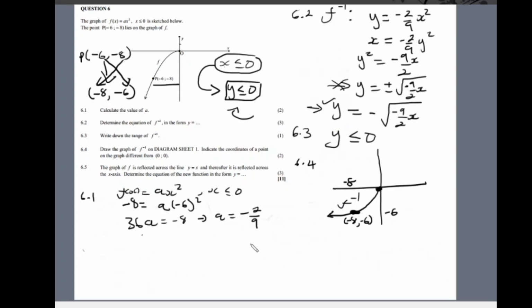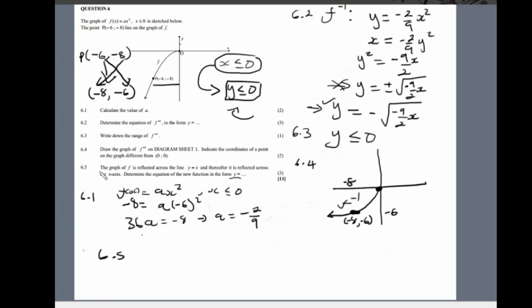Okay, and then 6.5, they say the graph of f is reflected across the line y equals x, and thereafter it is reflected across the x-axis. Determine the equation of the new function in this form.